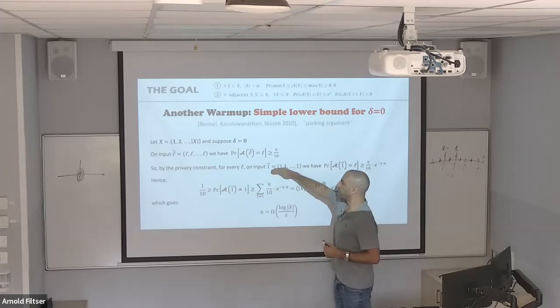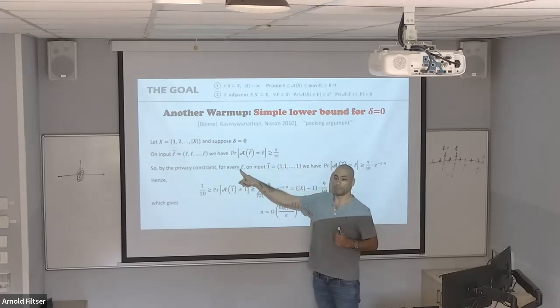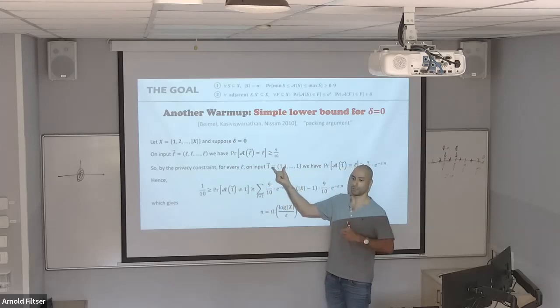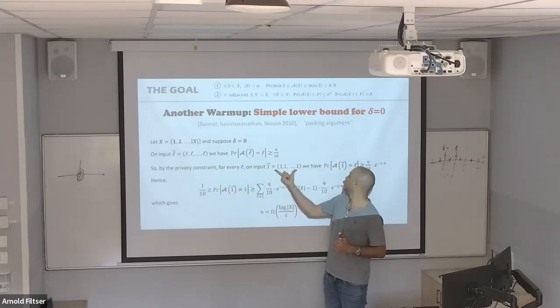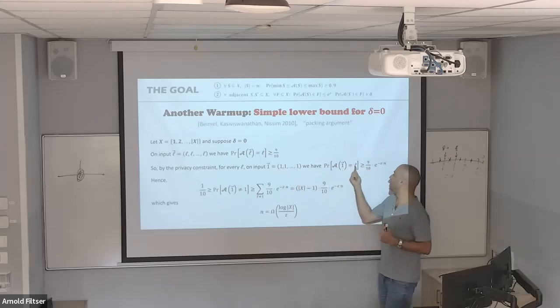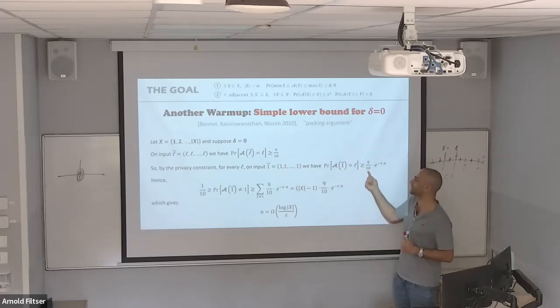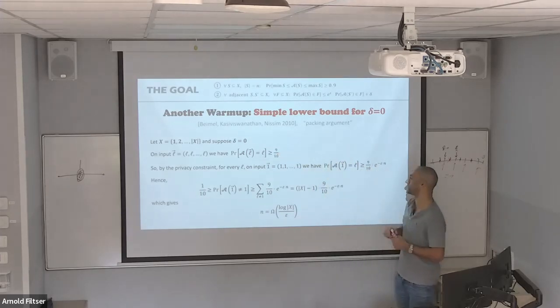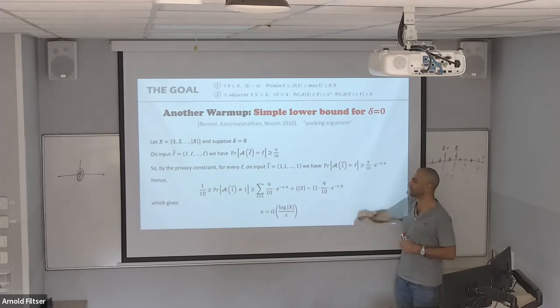So what I get from that is, for every L, if I run my algorithm on the all ones input, the database containing only the point 1, it has to output L with non-zero probability: at least the probability that it would output it on the database of n copies of L, times e to the minus epsilon n. And that's for every L.